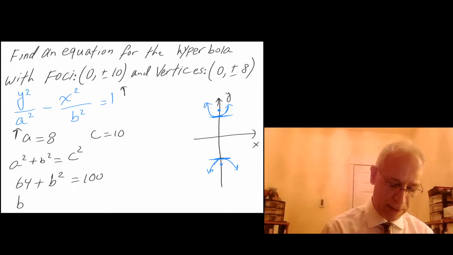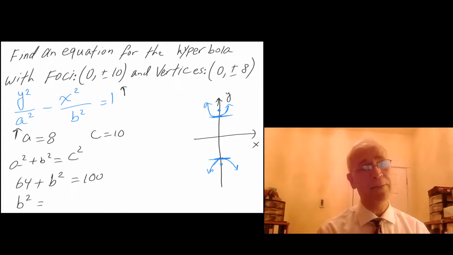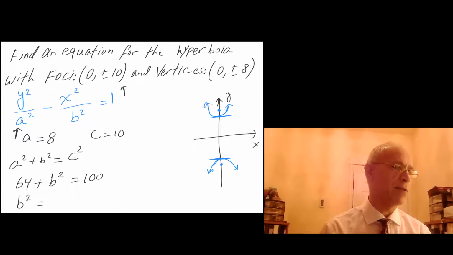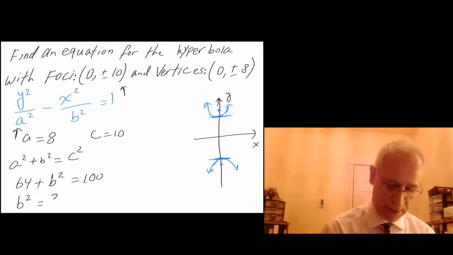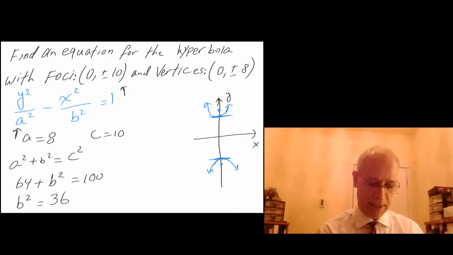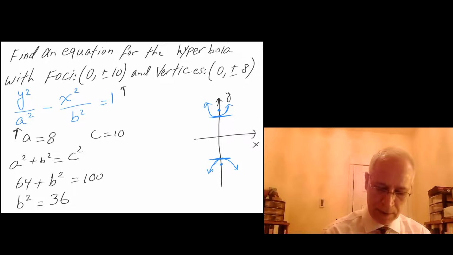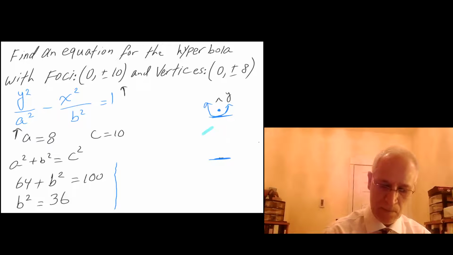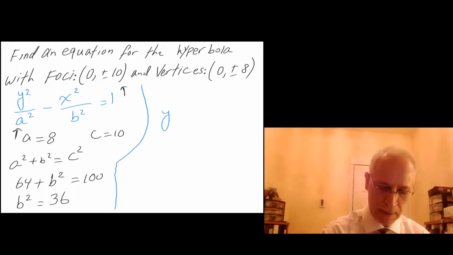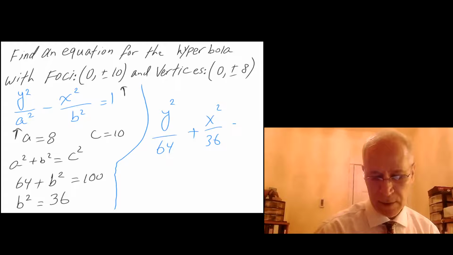So this tells me that b squared equals 100 minus 64, which is 36. So the final answer is going to be y squared over 64 minus x squared over 36 equals 1.